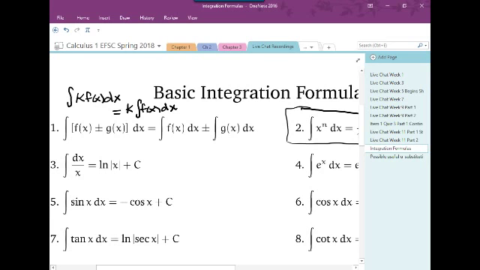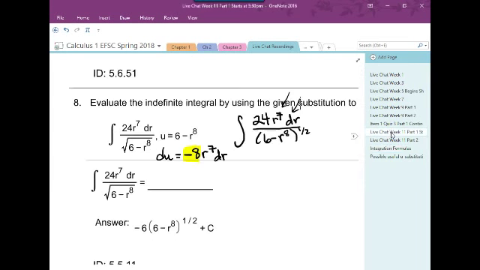Or similarly, if you have a k out front, you can bring it in. So we're going to use that idea to make adjustments as we need to, so that our du, negative 8r to the 7th dr, appears inside the integral, and we can make our substitution.